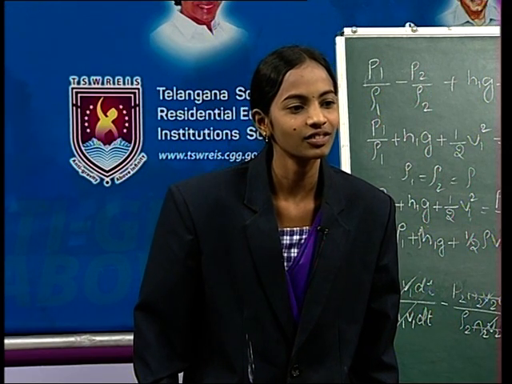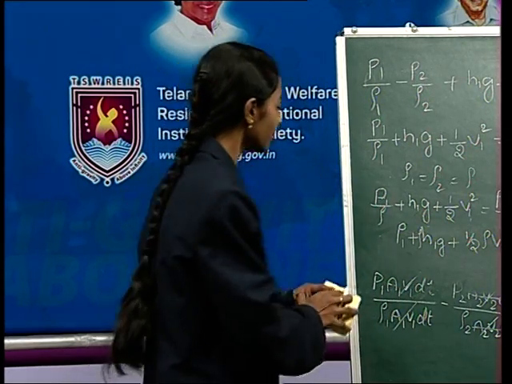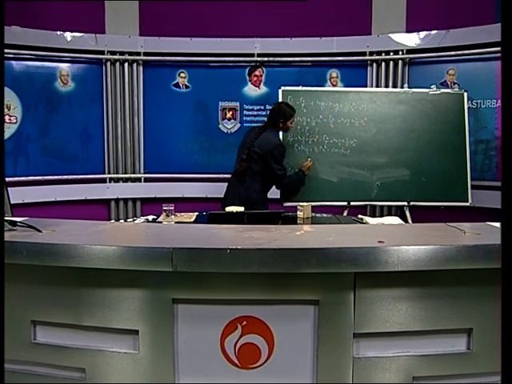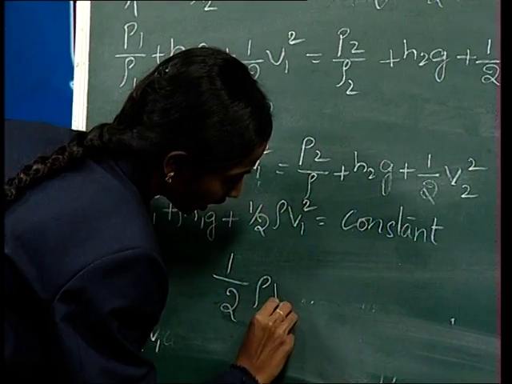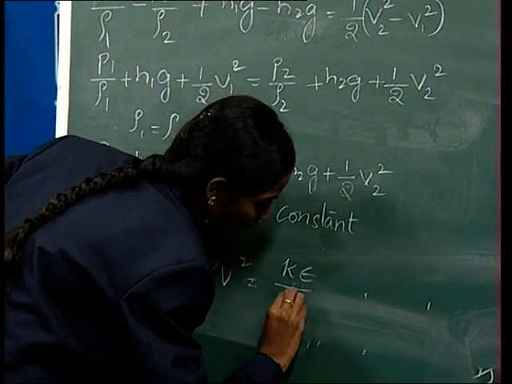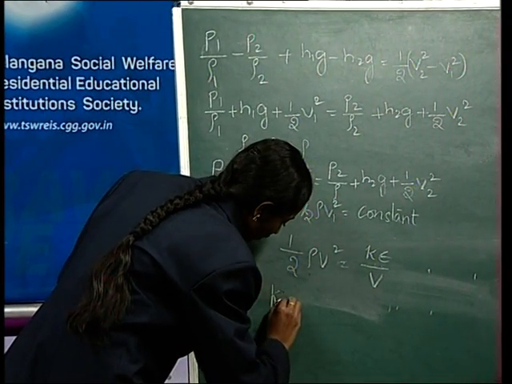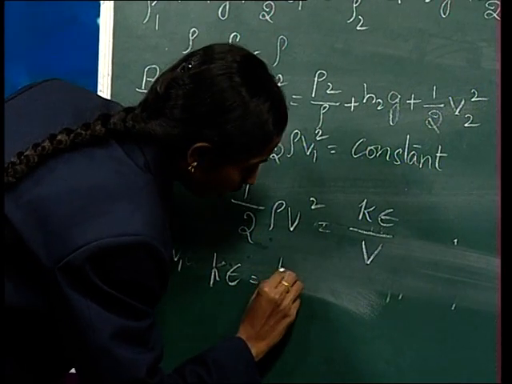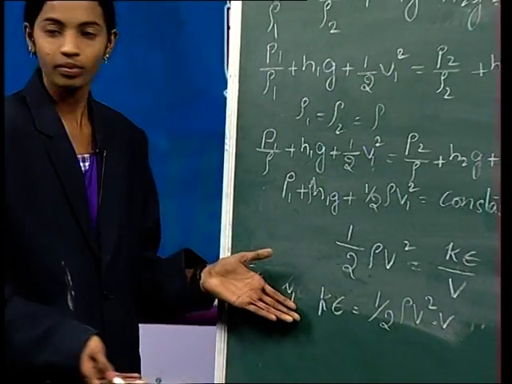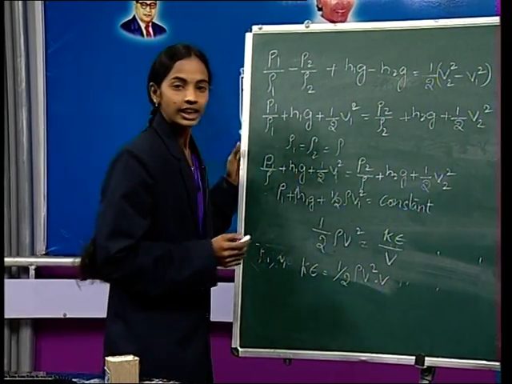In Bernoulli equation, please explain how half rho v square is equal to kinetic energy per unit volume. Okay, good question. See, friends, here we told that half rho v square is equal to kinetic energy per unit volume. To get kinetic energy, half rho v square into v.